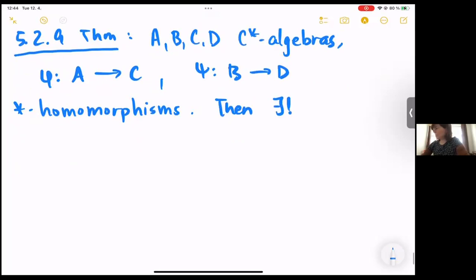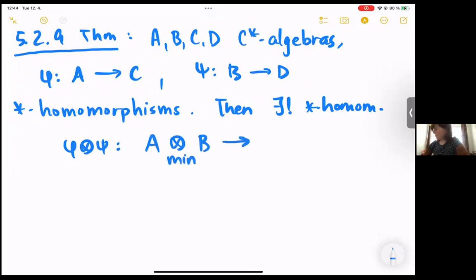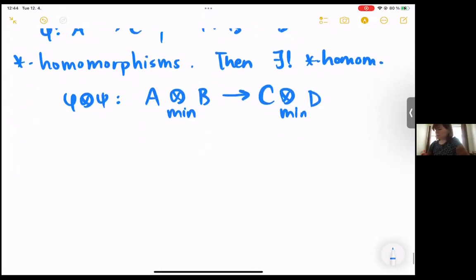And there exists a unique star homomorphism, which we will denote by phi tensor psi from A tensor min B to C tensor min D, satisfying the obvious thing.